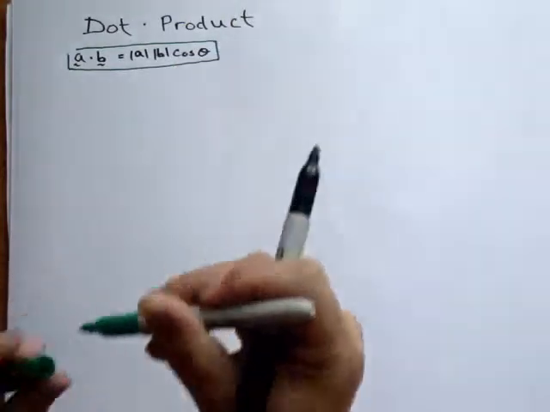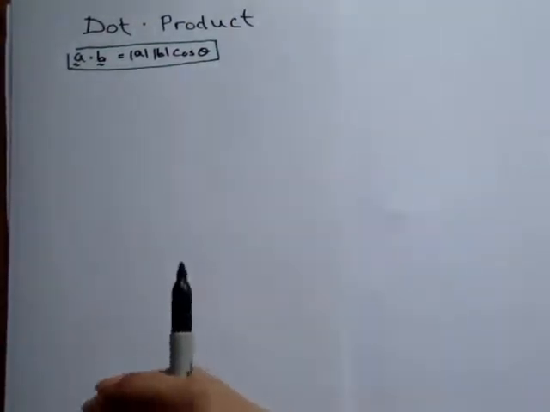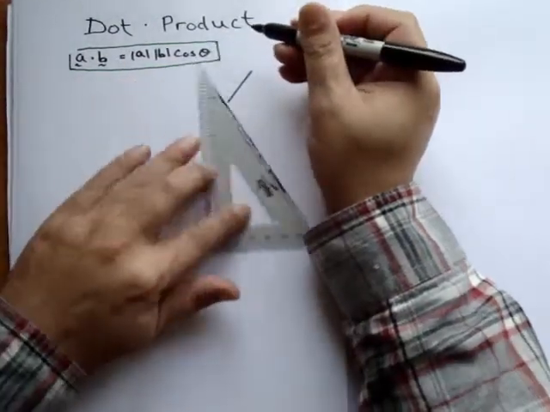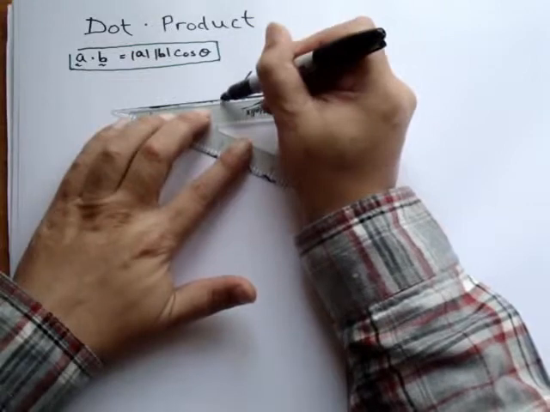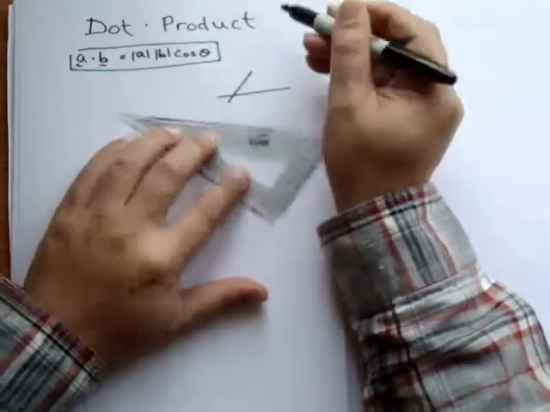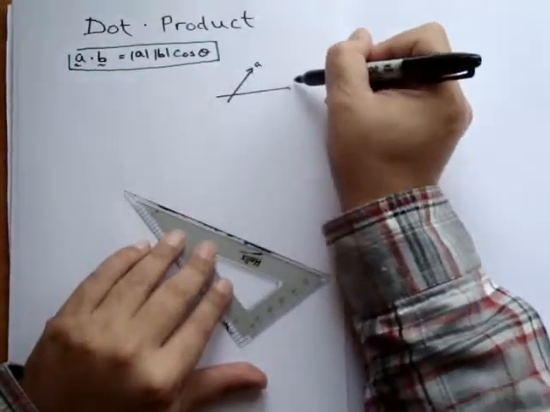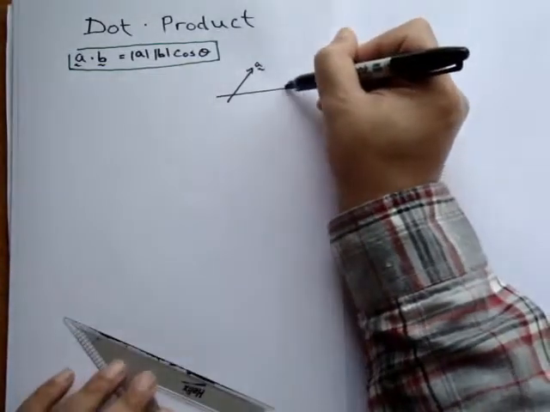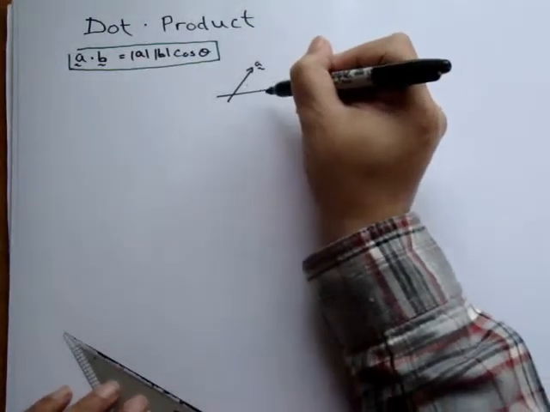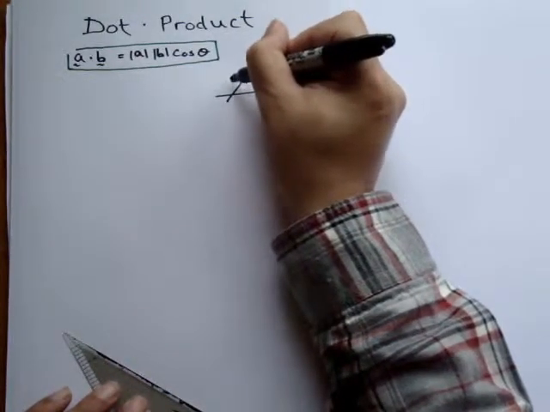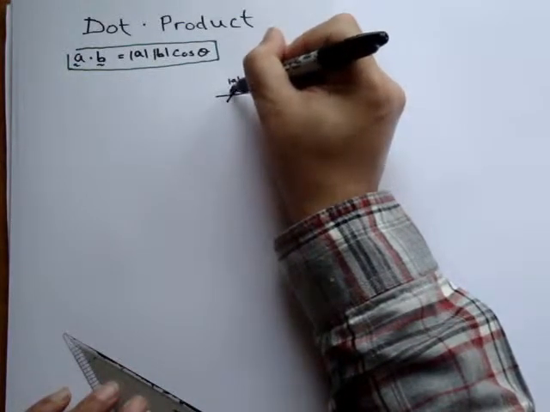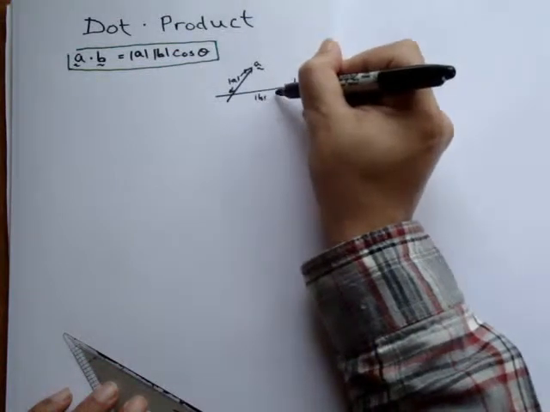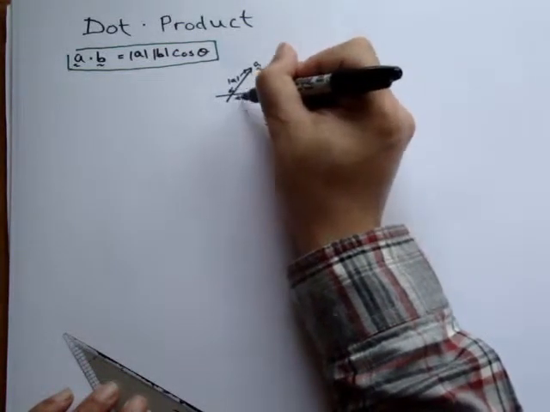When we are drawing these vectors to see what's going on, if we draw a vector A in this direction and a vector B, say in this direction, then the magnitude of A is the length from this point to this point, and the magnitude of B, which we represent like that, is from this point to this point.